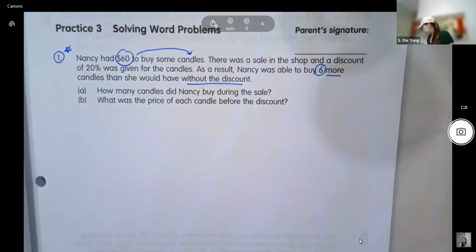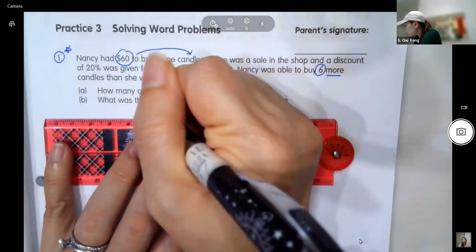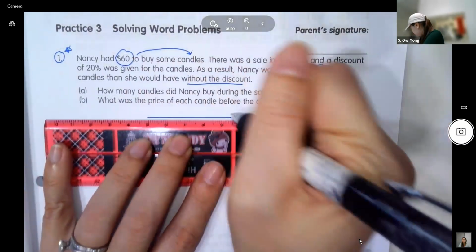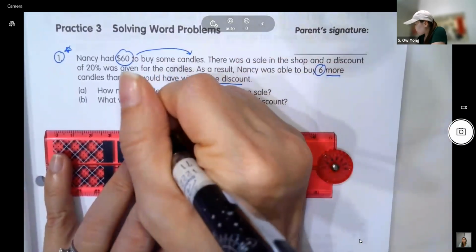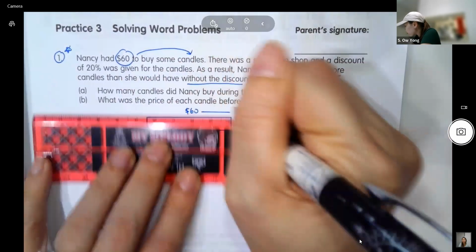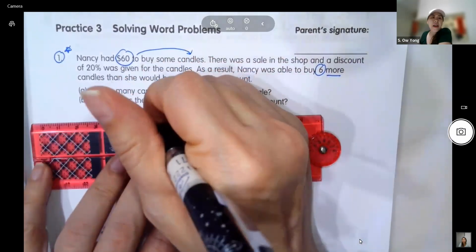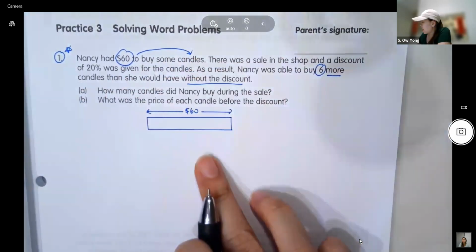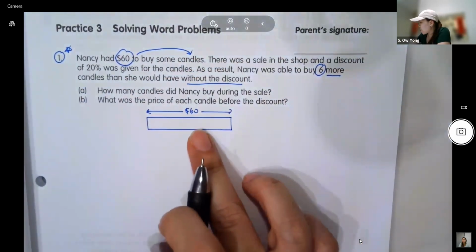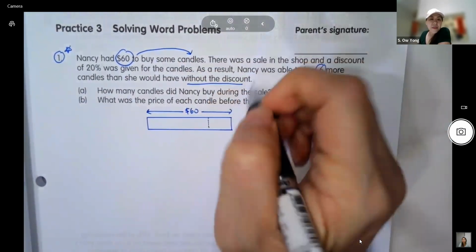So I'm going to draw a model to show you that she was given this amount of money, $60. Okay, but a 20% discount was given for the candles.